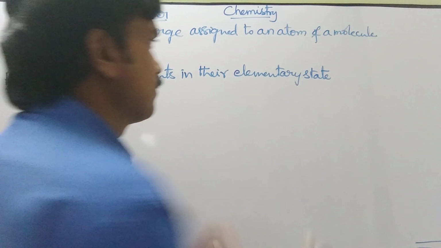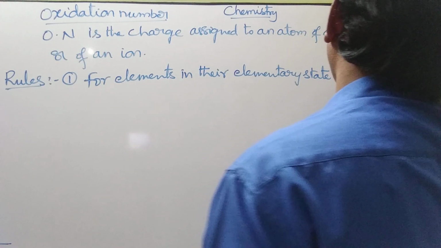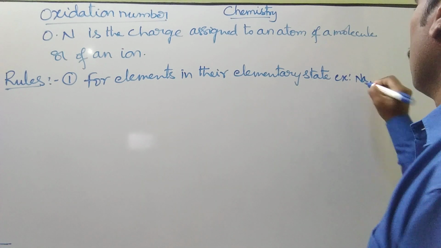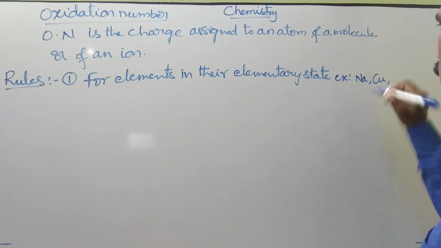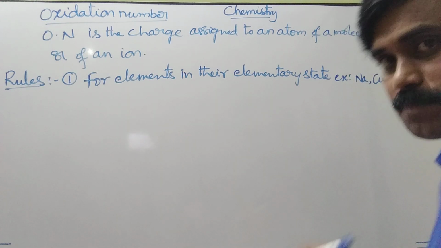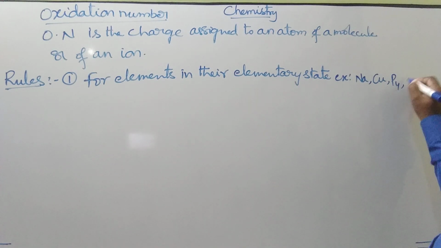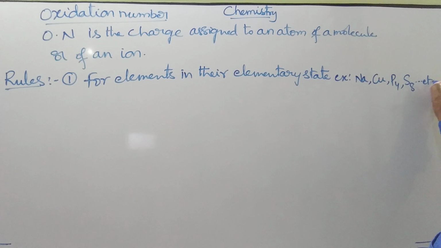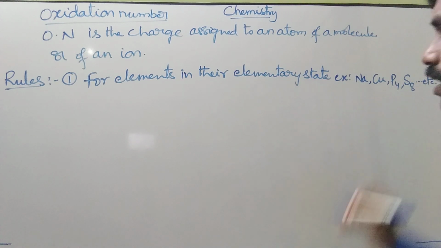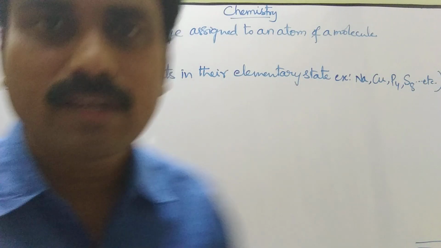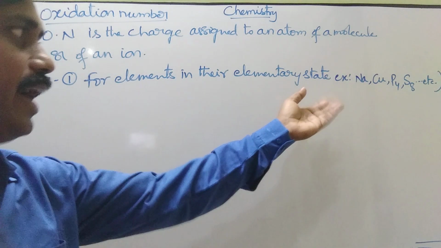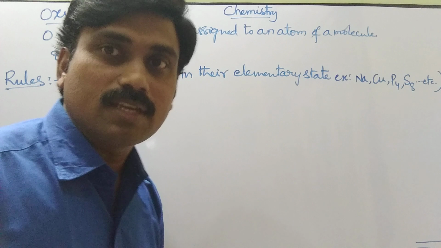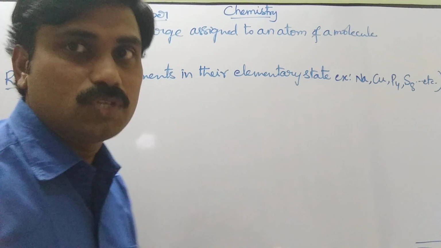Elementary state means, look at an example. Sodium in free or elemental state is Na. Copper is Cu. Phosphorus is P4, sulfur is S8, etc. These are called elementary state. So for the elementary state of atoms, their oxidation state is equal to 0. We should consider it like that.